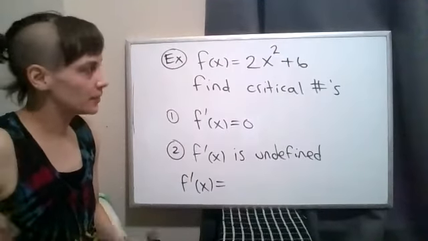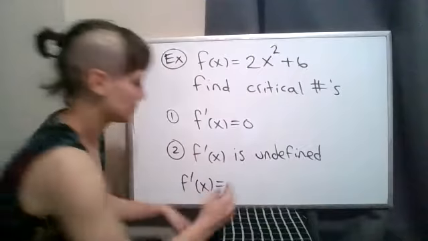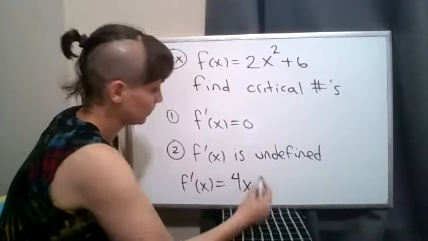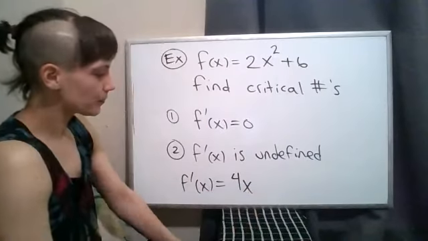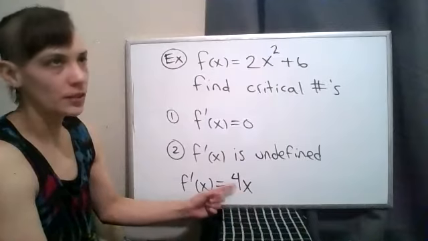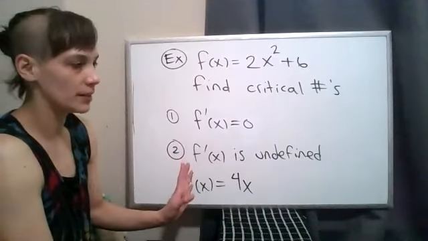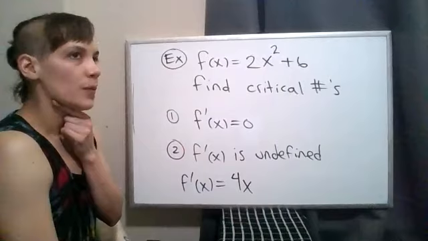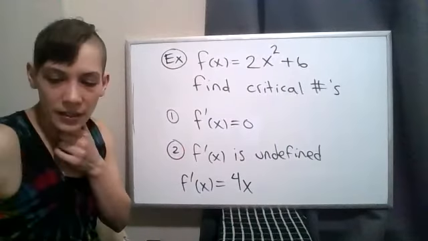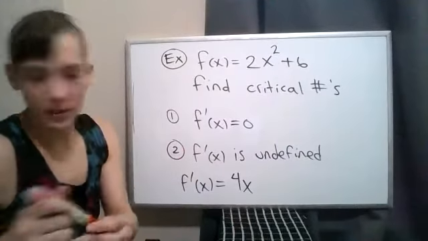So our derivative now is 4x plus 0. And that's never undefined. You worry about being undefined if you divide by 0, or if you have some kind of imaginary value from square rooting something, but you're not doing that either.